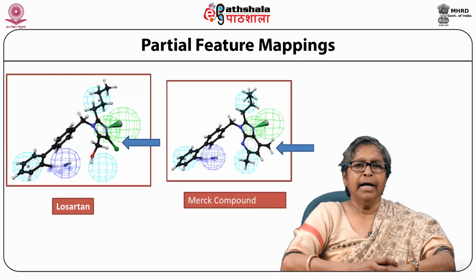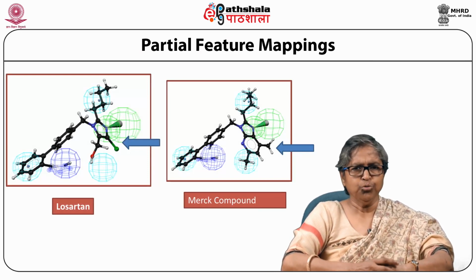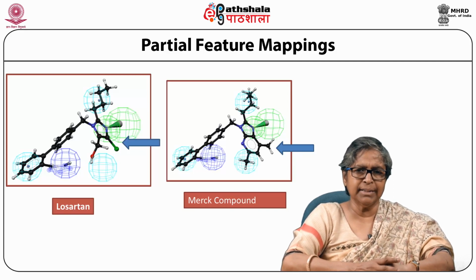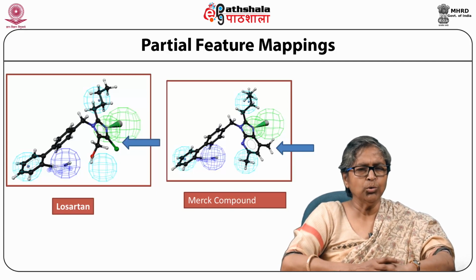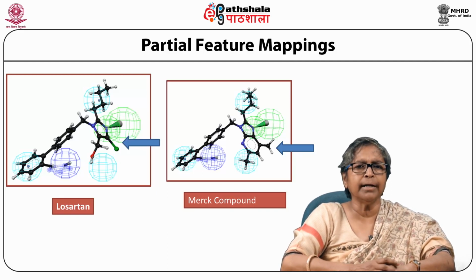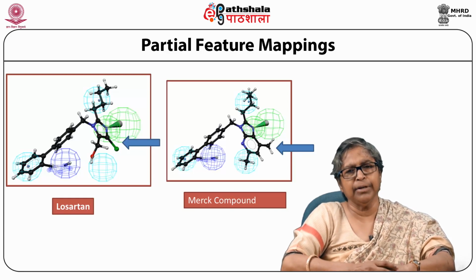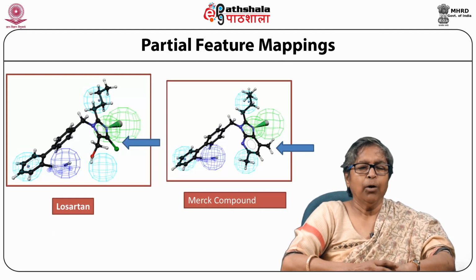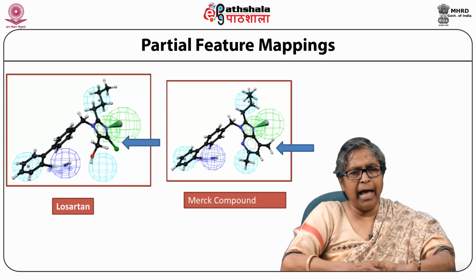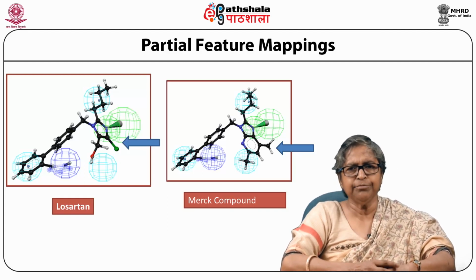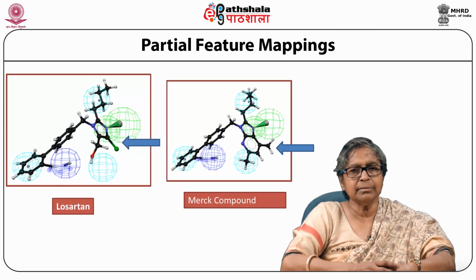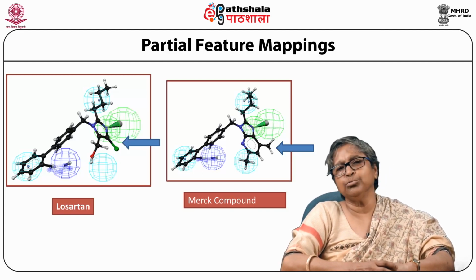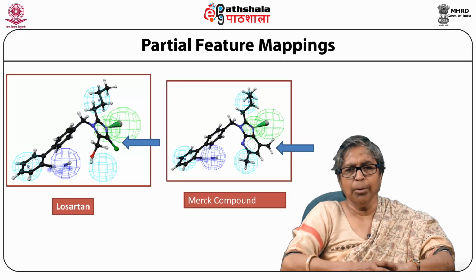One can get the pharmacophore, shown on the left hand side and also the right hand side. The left hand side is a good active compound, and some of its analogs were used to design the pharmacophore, which is shown by the blue arrow. However, using that and allowing partial feature mapping makes it successful in finding new compounds.